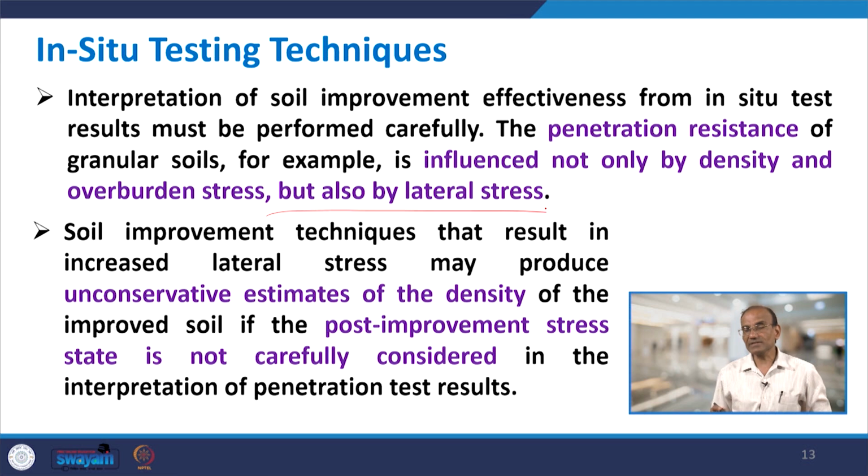In fact, you may know that in SPT corrections are applied for overburden pressure, and also a correction is applied for dilatancy, particularly for saturated sand, when fines and silts are there and when the N value is greater than 15.